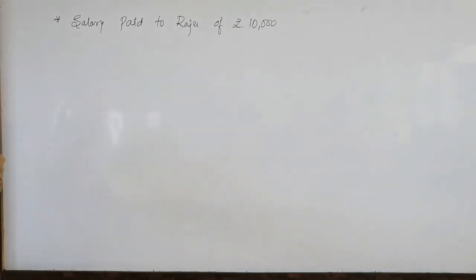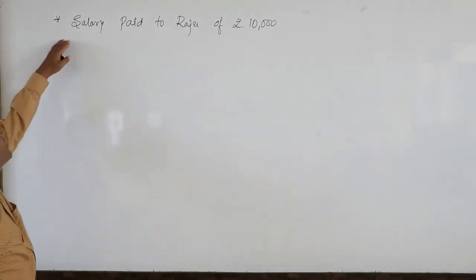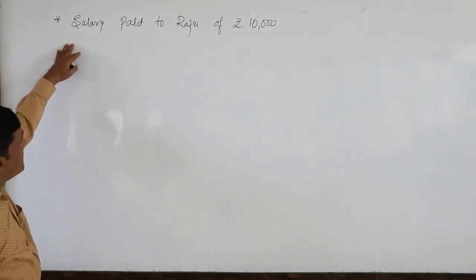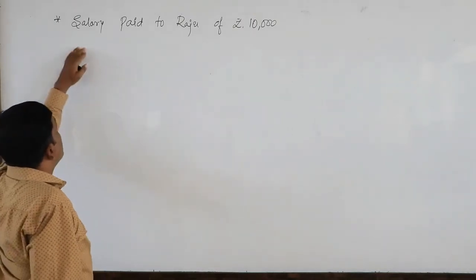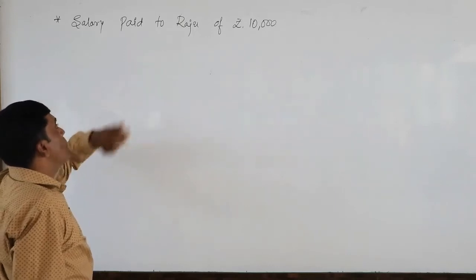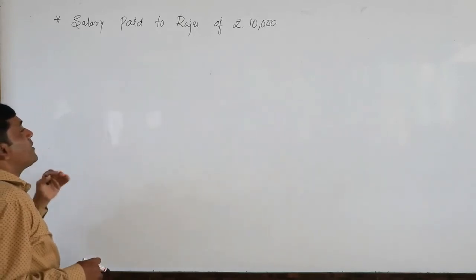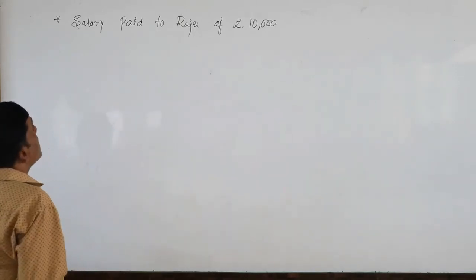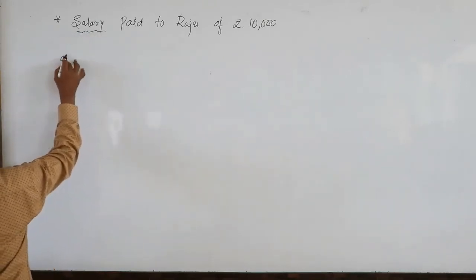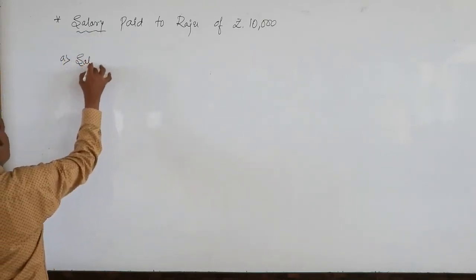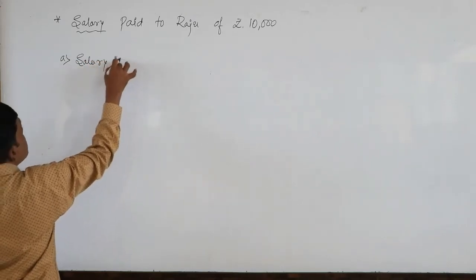This is a rough book entry, very important. Salary. So it is an expense here. Why? Because we are paying this amount to Raju. So here we have paid to Raju means it is an expense, very important. So we need to write salary account. Don't write Raju's account.